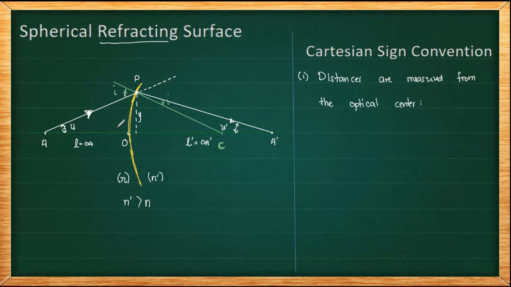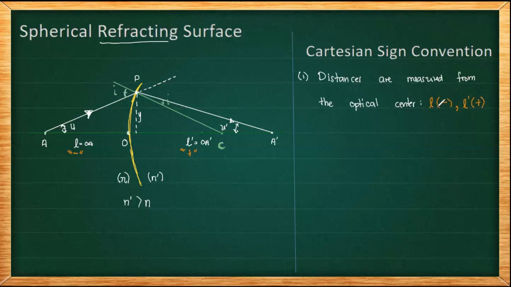So this means if you measure it from here, then your L will be negative, right? This will be negative, and your L prime will be positive. So for this image, L is negative and L prime is positive.